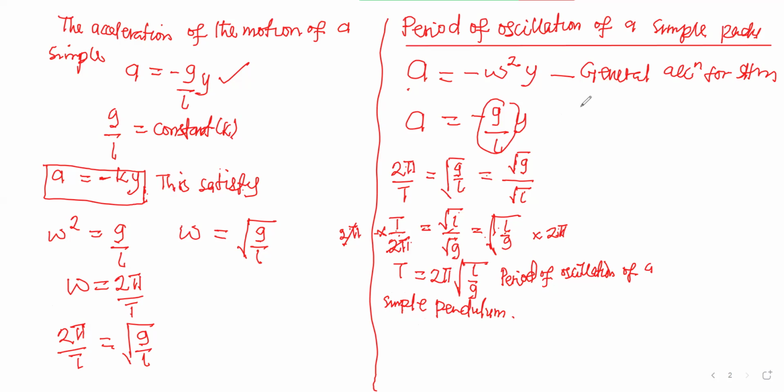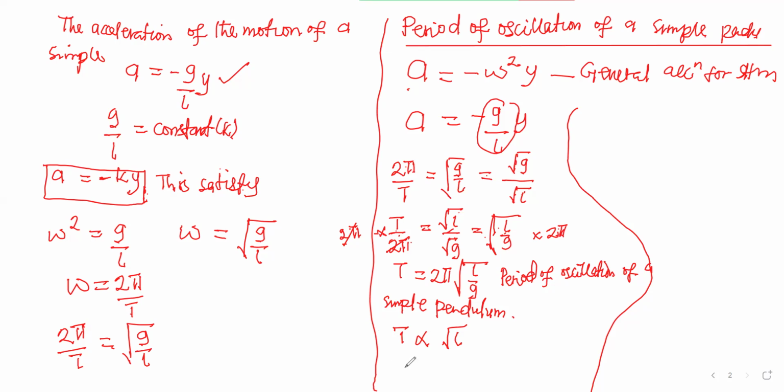By this equation, the period for an oscillating body is directly proportional to the square root of the length. Meaning, when the length increases, the period would also increase.